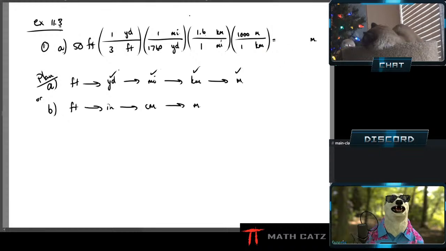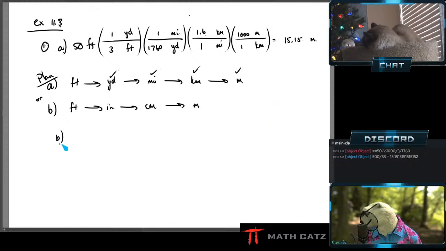So let's calculate that. 50 times 1.6 times 1,000 divided by 3 divided by 1760 equals, and we get 15.15-ish, right?